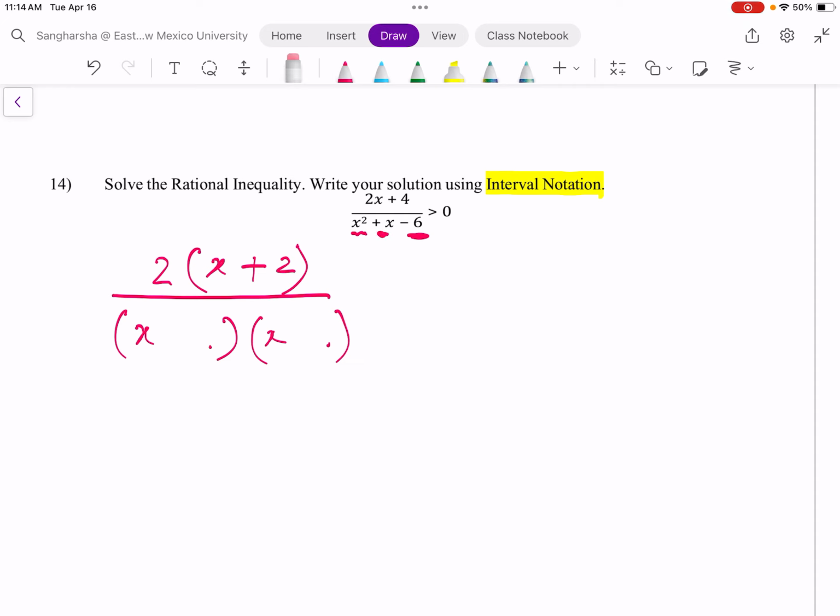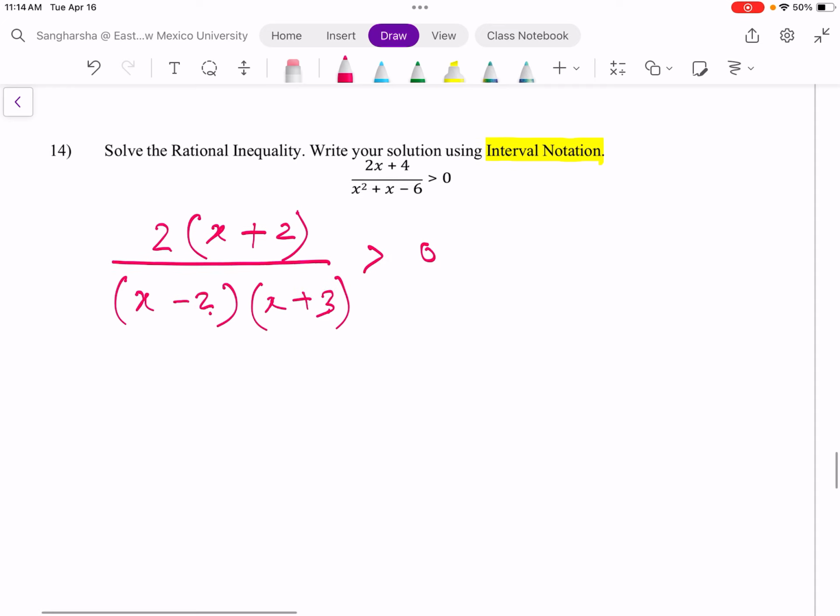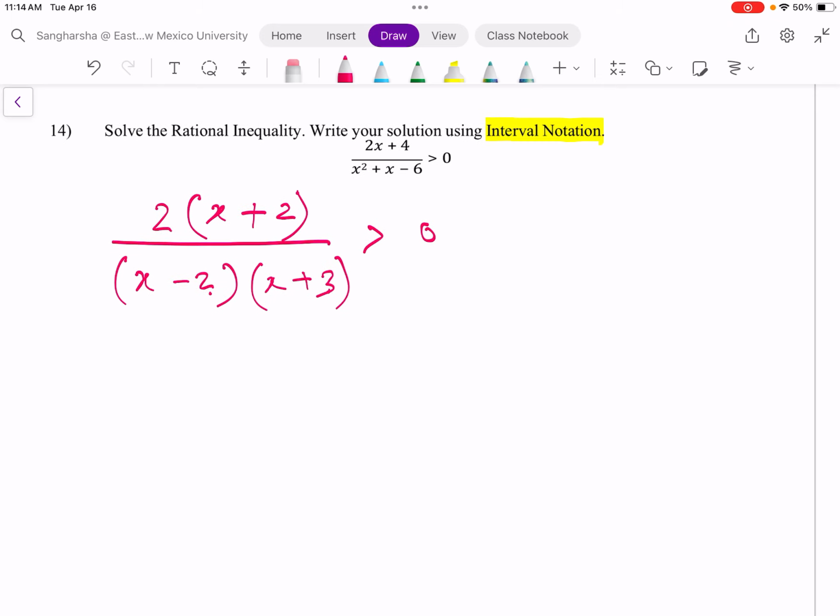Give me two numbers whose product is negative 6 and sum is positive 1. Negative 2 and positive 3. Greater than 0. So you factorize the numerator as well as the denominator.